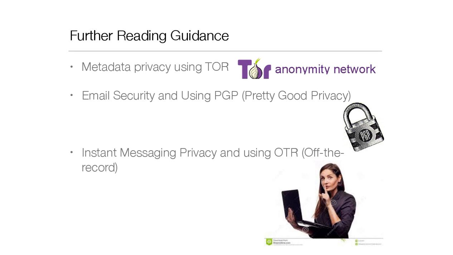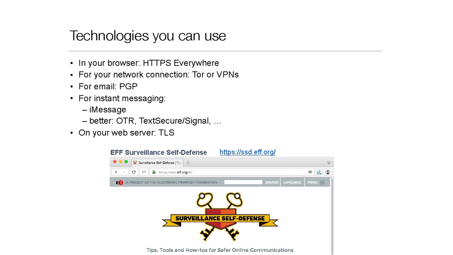For email, you can use PGP. For instant messaging, iMessage and other things, I have not used them. Also on your web server, you can use the TLS protocol to protect your web traffic from your servers to your clients.